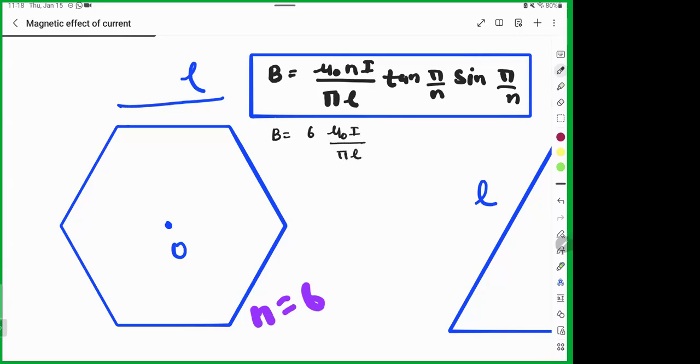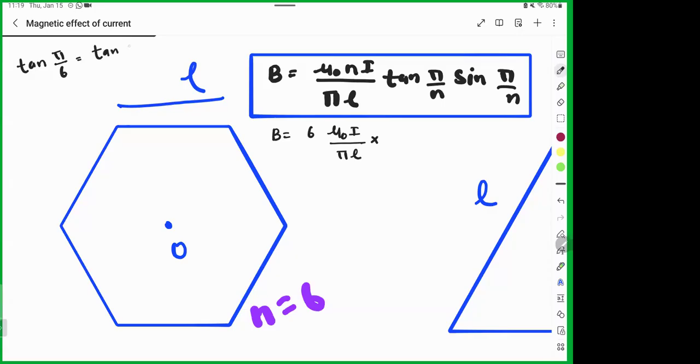Next, what will then be tan pi by n value? What is n value here? 6. What is pi by 6 meaning?